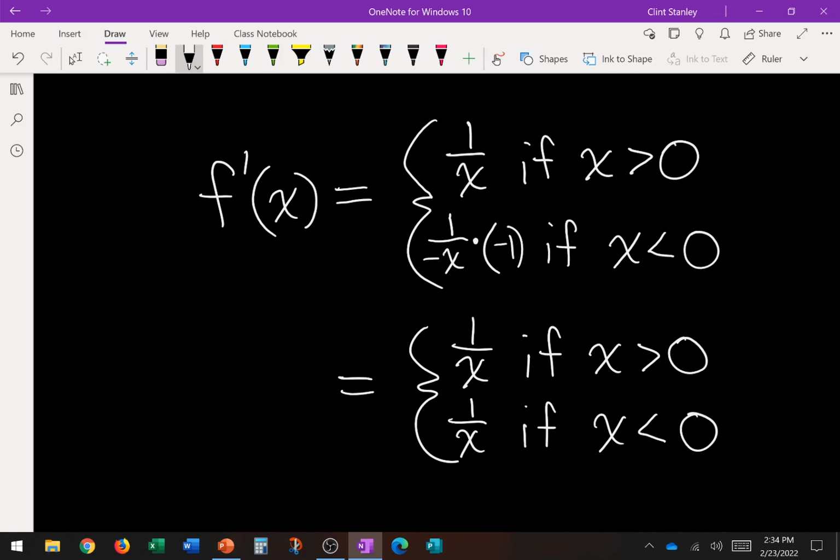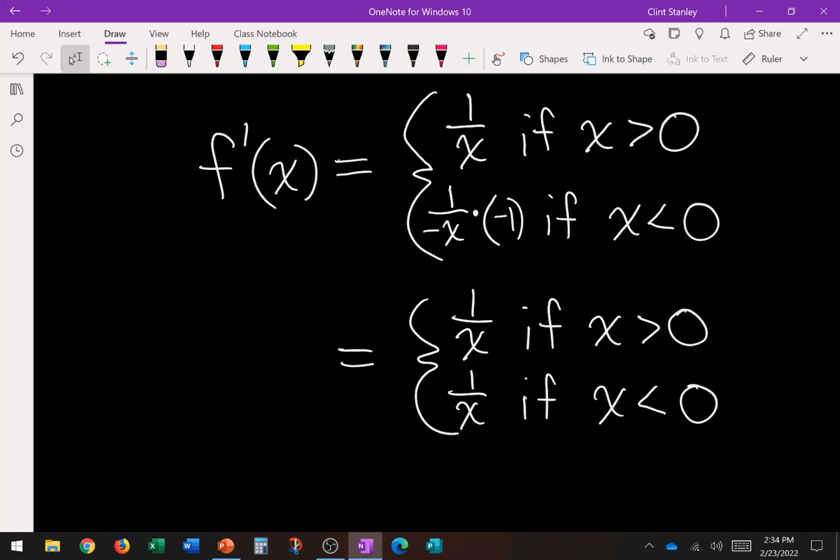Let's do the last case we can do. If we could figure out what the derivative would be at 0, then we can differentiate this thing anywhere. So let's do that last part graphically. Just look at the graph.